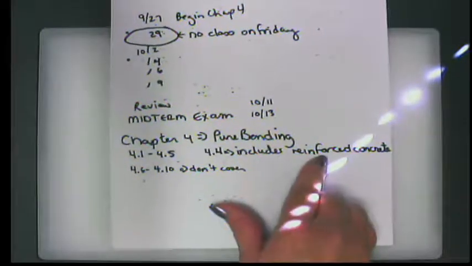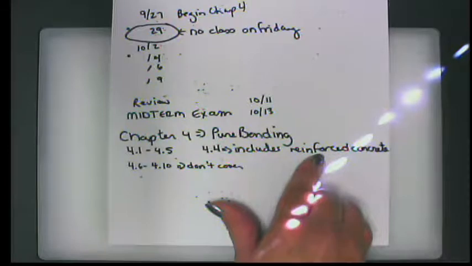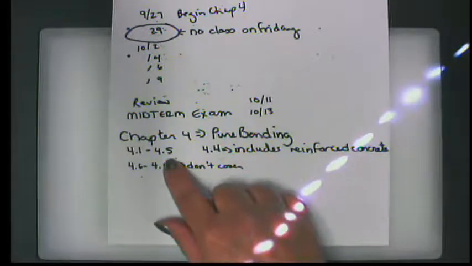The reason that reinforced concrete is such a big deal is that as engineers, so many things in this world are built using reinforced concrete that you need to have some ideas about the way concrete behaves and what we do to make it behave the way we want it to behave. So this is the basic material that we'll cover.